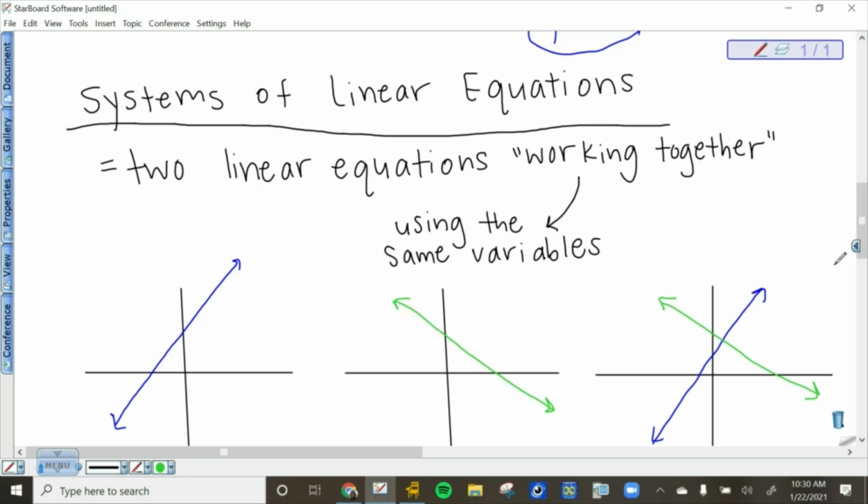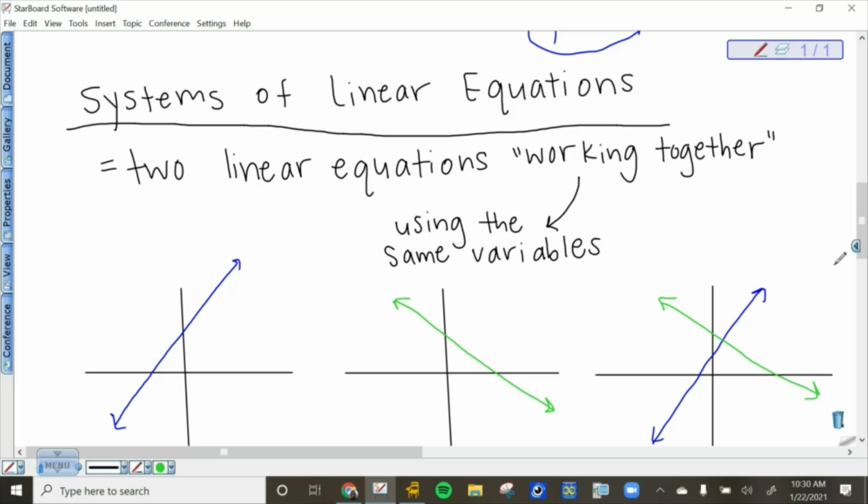You could stick your arms out straight, and they would never ever cross. Or I could cross them at one place. Or they could be the same exact line and they would cross in infinitely many places.